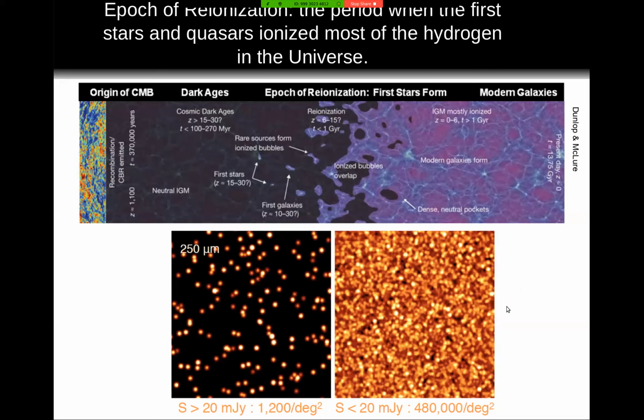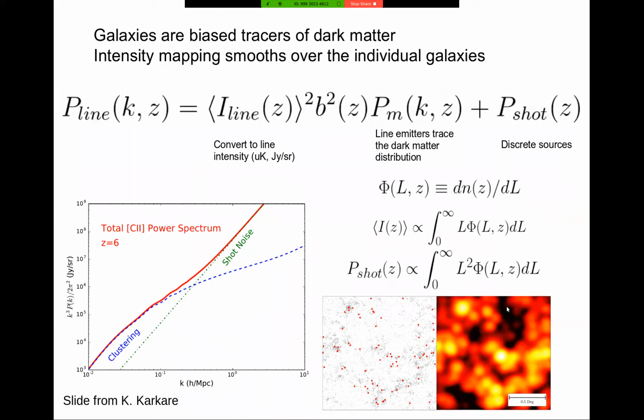The other option is to make a map of everything, including the small sources you can't actually see, which is represented by what's on the right. This is at higher frequencies than what I'm actually talking about, but is representative. All right, so what do you get when you do this? So you make a map of the sky, and you have X and Y.